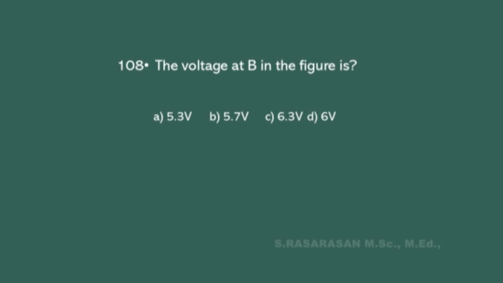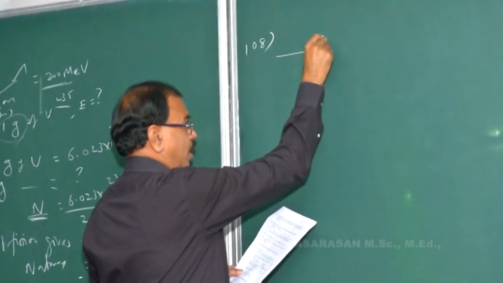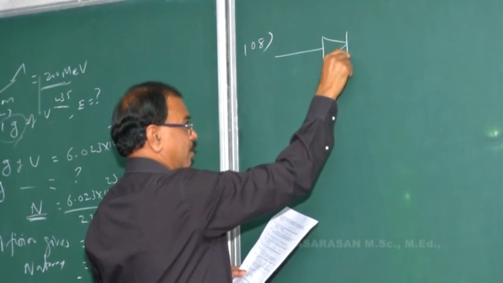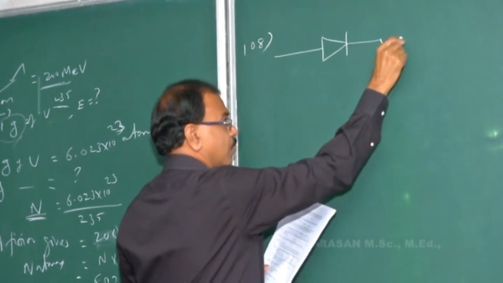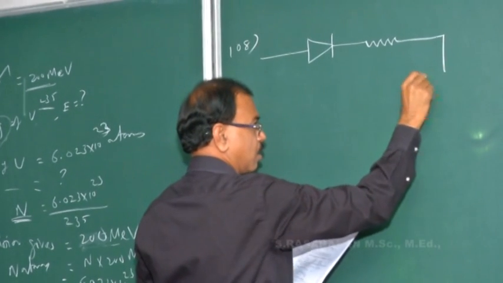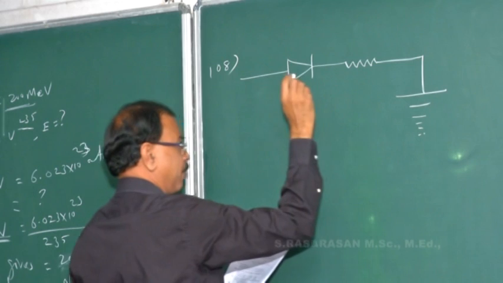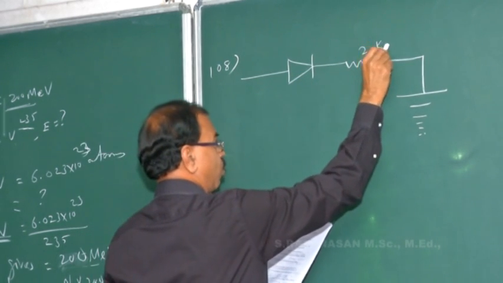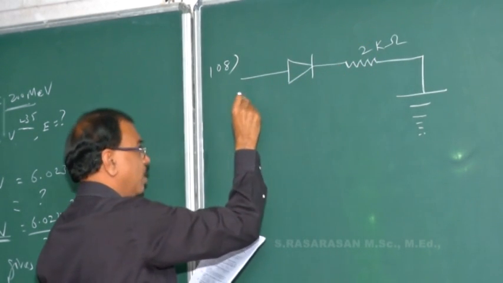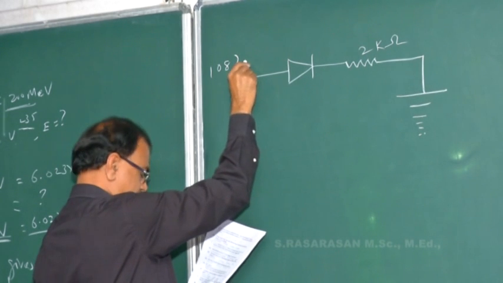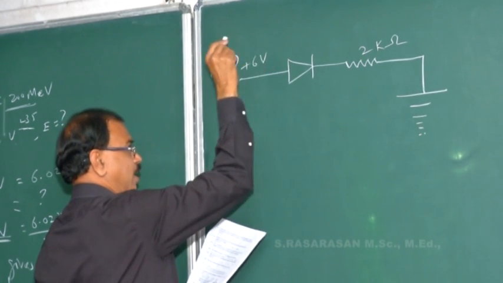The value at B in the figure, that is, a figure is given, a diode is given. Earth ray, this is 2 kilo ohm resistance. Here at this point A, plus 6 volt is given.